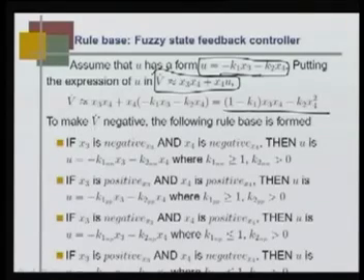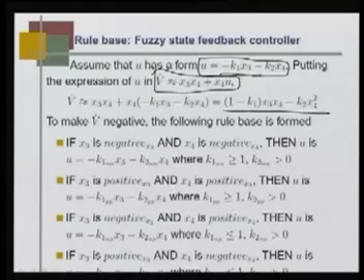I just have to make sure that I select k1 and k2 in such a way that this quantity is negative definite. So, if x3 is negative and x4 is negative, then you see that this quantity is positive.